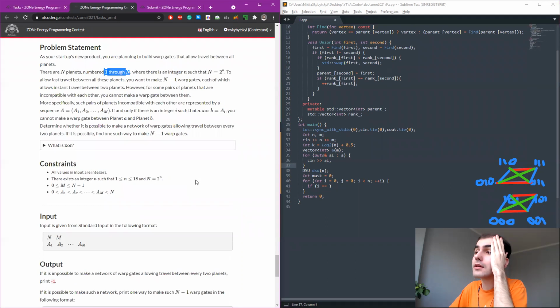Why? Just why? I don't know how to adapt it to the setting when we have indices shifted by 1. I really don't. Like, it's important.